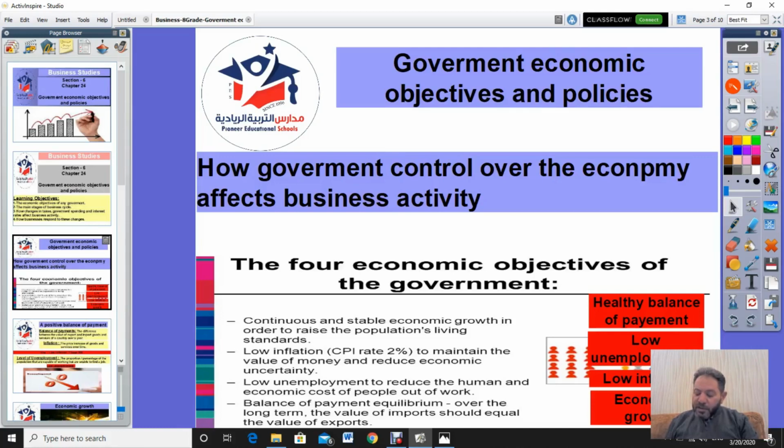The goods and services bought by a country from other countries are imports. So we have 2 things, an export and an import. The difference between those is called the balance of payments. This is the first definition we should know, the difference between export and import.